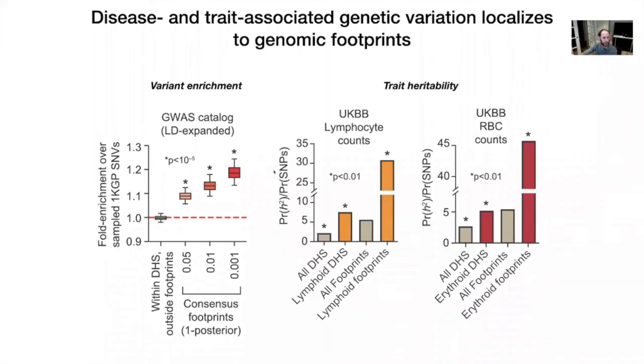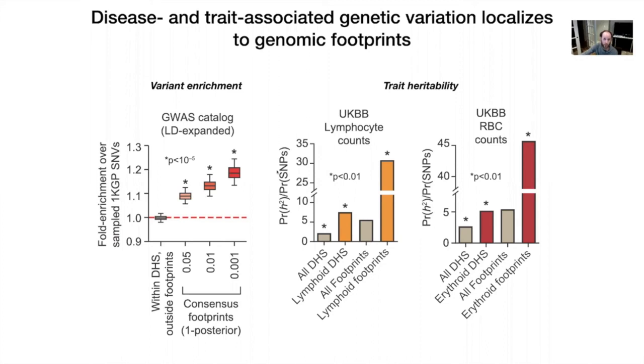To gain a more accurate view of the enrichment of trait-associated variants in footprints, we compared the SNP-based trait heritability of individual traits. We did this using summary statistic data from individual GWAS studies from the UK Biobank. We applied partitioned LD score regression to compute the relative heritability of these variants within all DHSs versus footprints. What we found after doing this analysis was a striking enrichment of variants that account for trait heritability in footprints versus DHSs, and most prominently in footprints for their corresponding cell types.